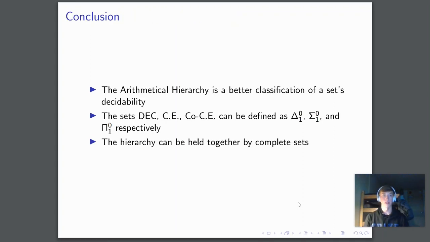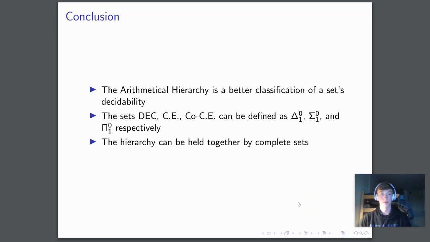So, in conclusion, the arithmetical hierarchy is better for classifying a set's decidability because there are infinitely many different classifications, and you can just go higher up the more undecidable the set is.